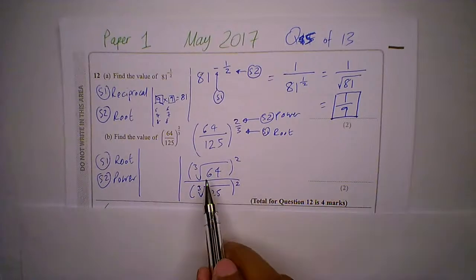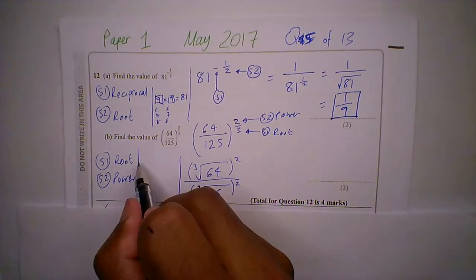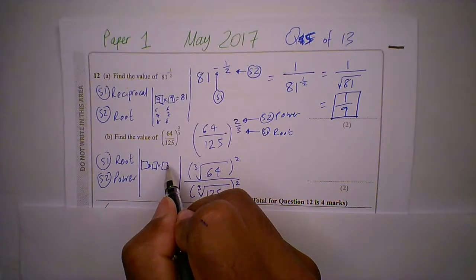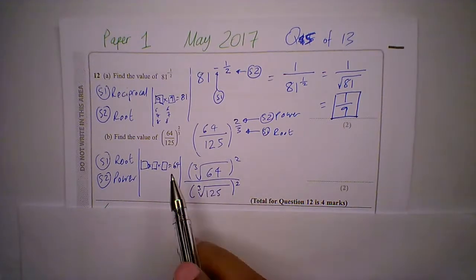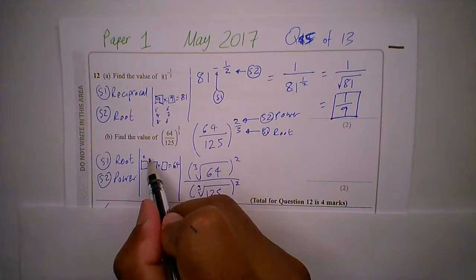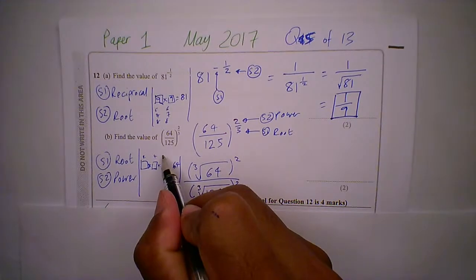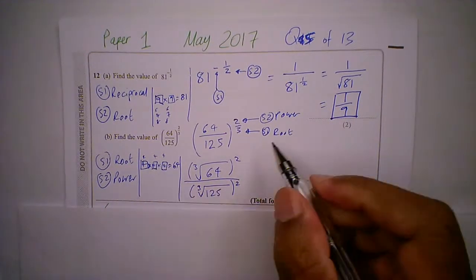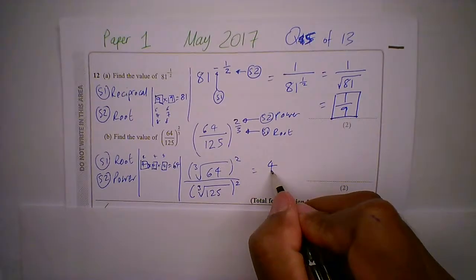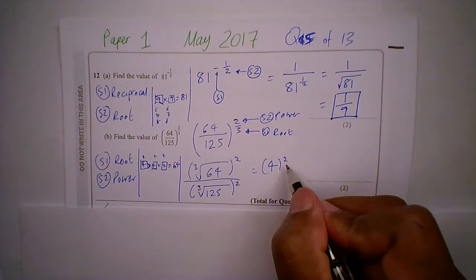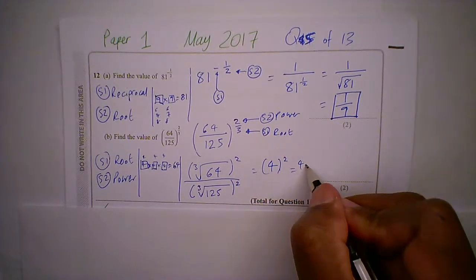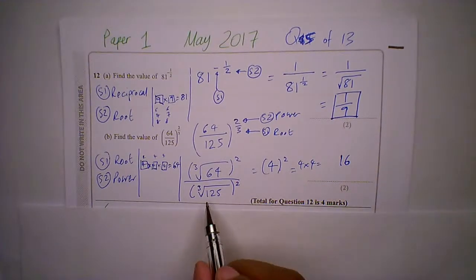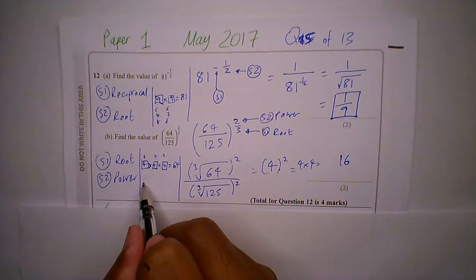Which number multiplied by itself 3 times gives me 64? We've done this before: 4 times 4 is 16, times 4 is 64. So it's 4. Then I'm going to square that, so 4 times 4 is 16. Now I can work on this one.